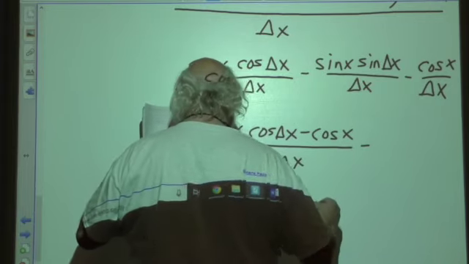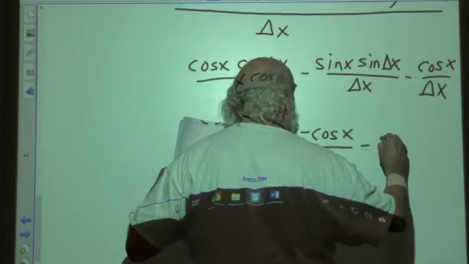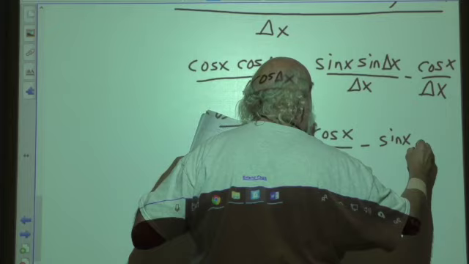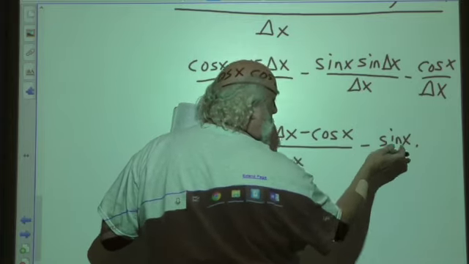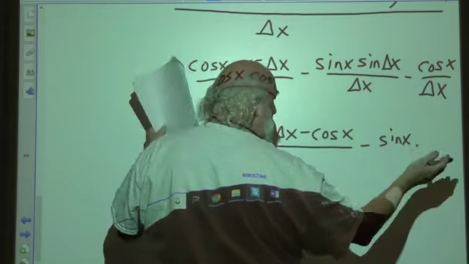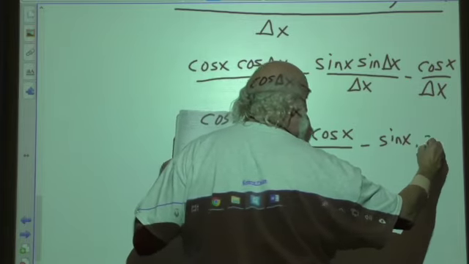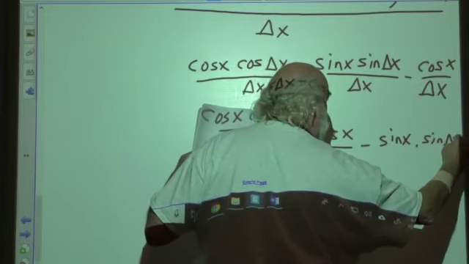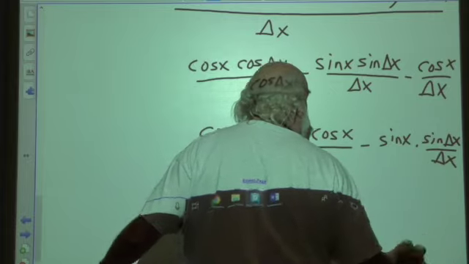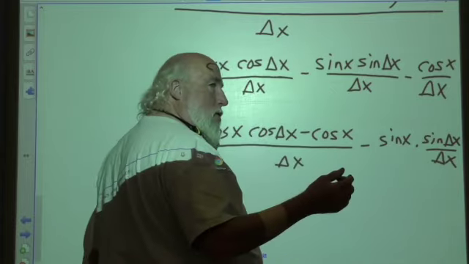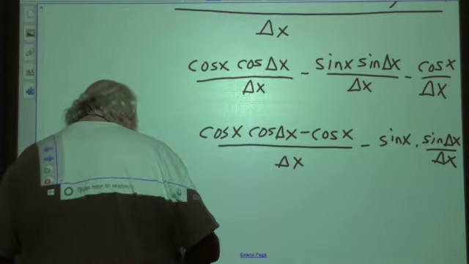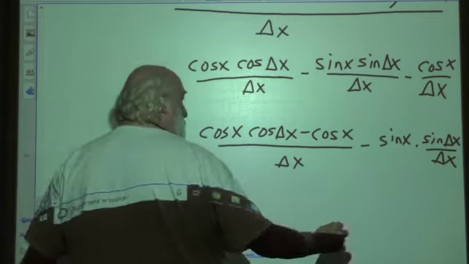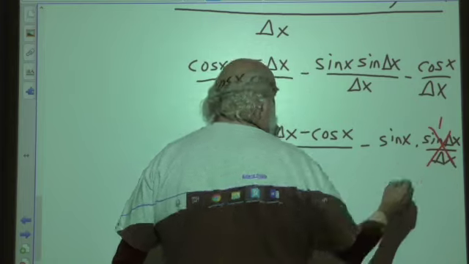Minus, and this becomes sine of x times, now I'm going to put these 2 together, sine of delta x over delta x. This is separate; I can put it over 1 to make them separate fractions, but it's implied if I don't put it in there. We already found from the proof at the very beginning of all this that this equals 1.